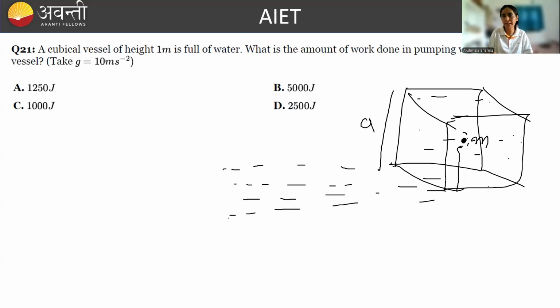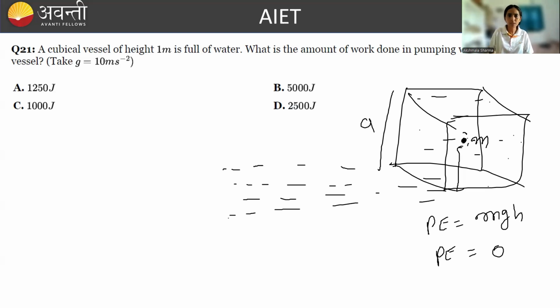When it was at height h, its potential energy was mgh. Finally, when you are pumping it out and leaving it on the ground, its potential energy is zero. So the work that you are doing is equal to mgh, because that is the amount of change in energy that has happened. So whatever work we do will be equal to this.